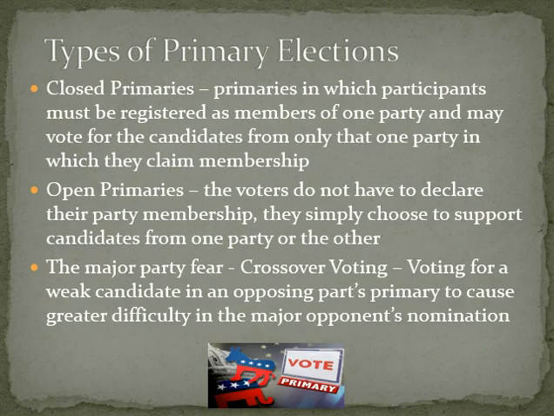GOP. So here we're going to talk about the types of primary elections. All three of these are test questions. You have your closed primary elections, in which the people who participate have to be registered as members of one specific party, and they can only vote for the candidates of that particular party. You have open primaries, in which you do not have to tell anybody what party you belong to, and you just vote based on the candidate you want to choose, be it Republican or Democrat.